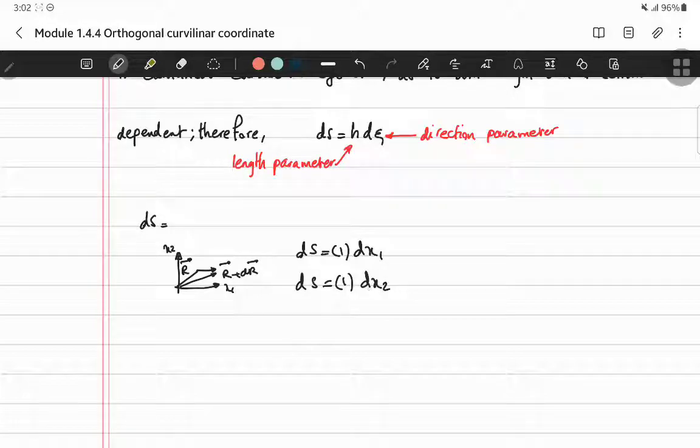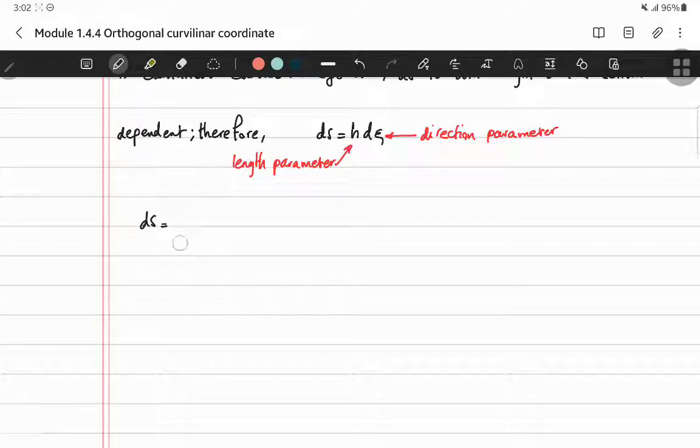So you had the direction, you had the angle, and you also had this 1 as h in here, but we didn't bring it. So basically, this h is embedded in this ds. So in Cartesian coordinate system, this h is 1, but not necessarily 1 for polar, cylindrical, spherical, or any orthogonal curvilinear coordinate.